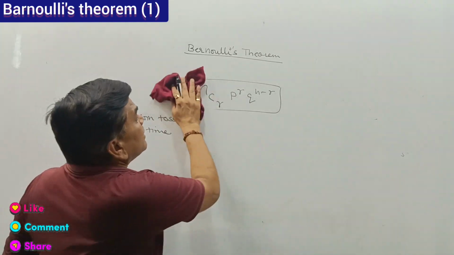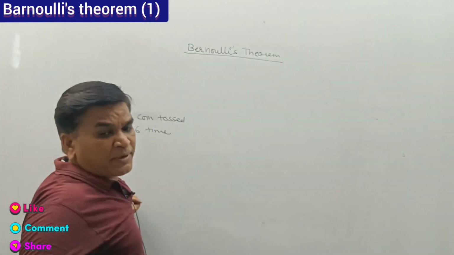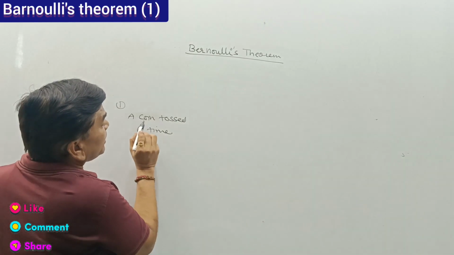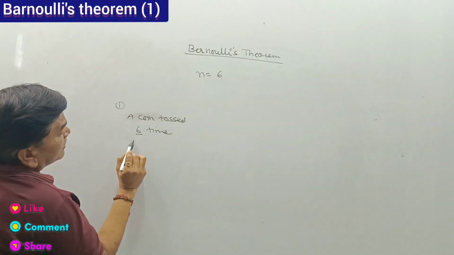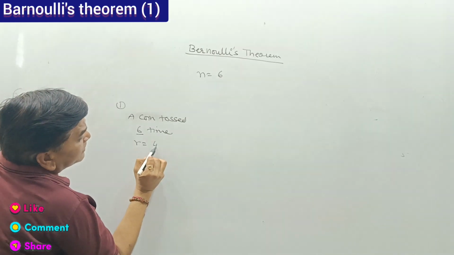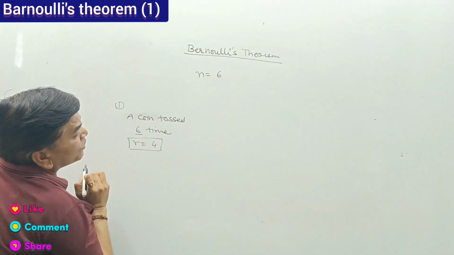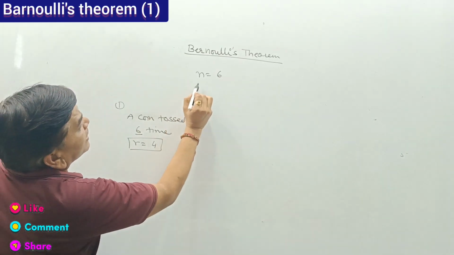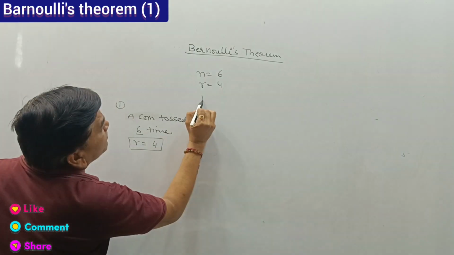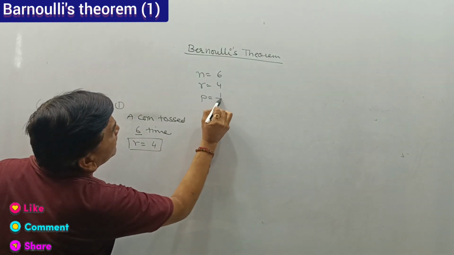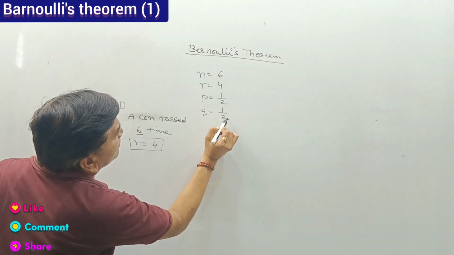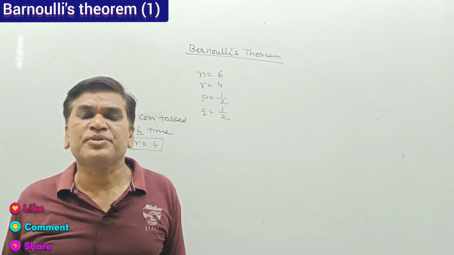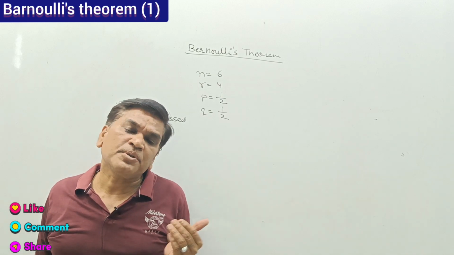It means the total number of events, a coin tossed 6 times, so n is equal to 6. We want the probability of 4 heads, so r is 4, the probability of getting head is 1 by 2, and the probability of not getting head is 1 by 2. In such a question, we have to use the Bernoulli theorem.